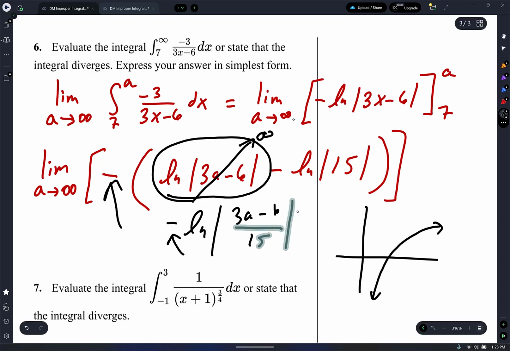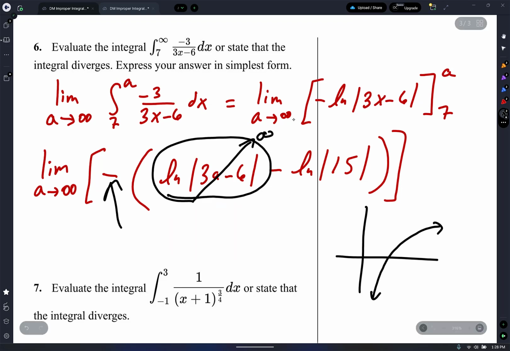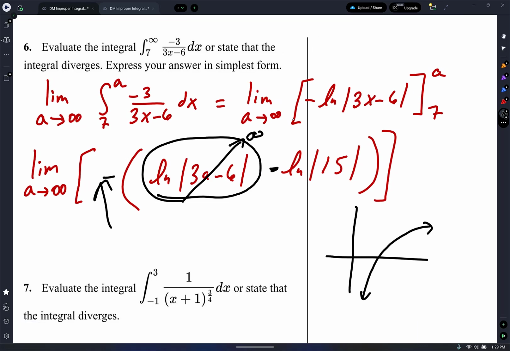It doesn't matter, because the negative was... Then you would have a negative right here and a positive there. She's saying, you know how with ln the properties say that if we had a coefficient of 2, like 2 ln of x, then it'd be ln of x squared. So if we had negative ln of 3b minus 6 plus ln of 15, then if we switched, it would have been ln of 15 minus ln of 3b minus 6.